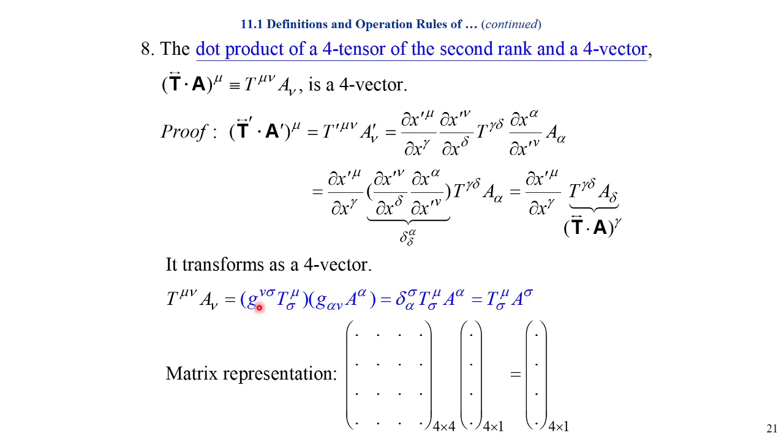Then these two can be read into a Kronecker delta, sum over μ, sum over ν, so they become σ and α. So we get T^{μσ} A_σ.